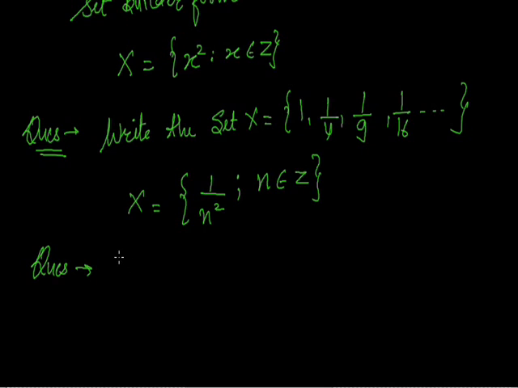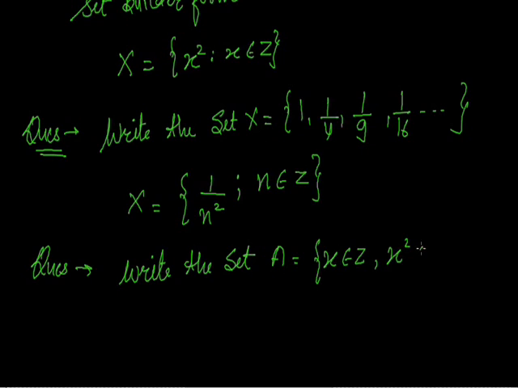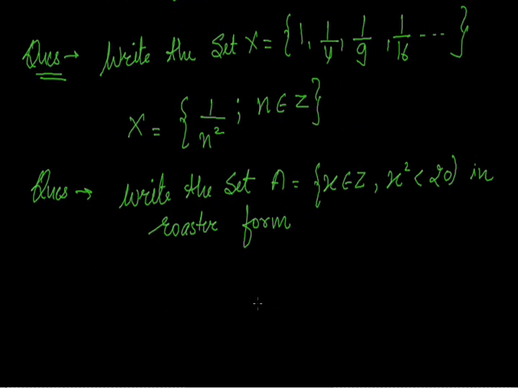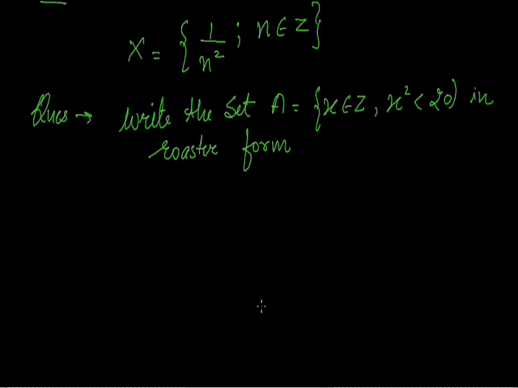Then write down the next question. Write the set A equal to x belongs to Z, x square less than 20 in roster form. Now set builder form is given and we have to convert it into roster form. So we start A and start the curly braces.